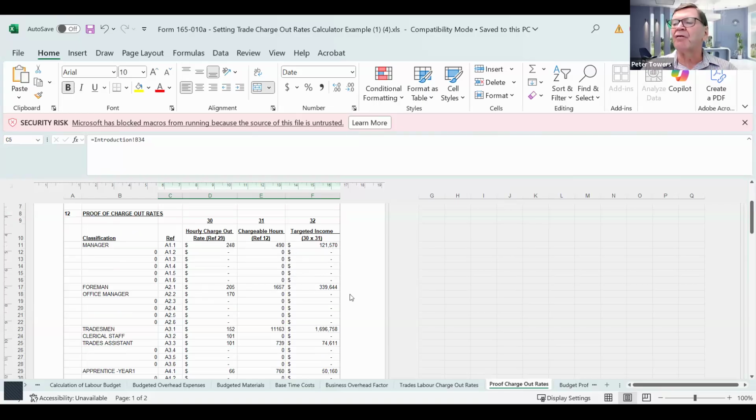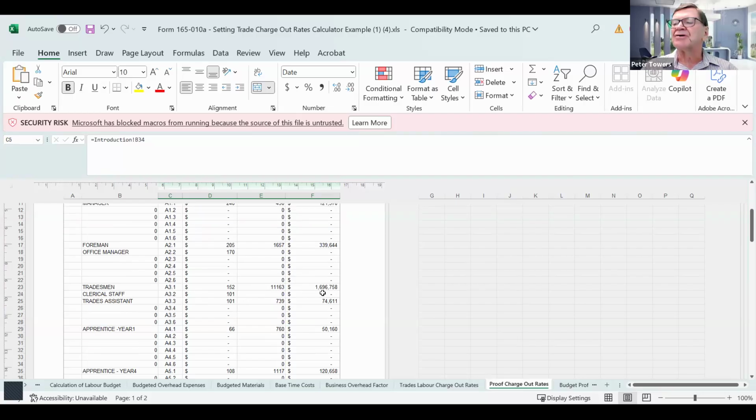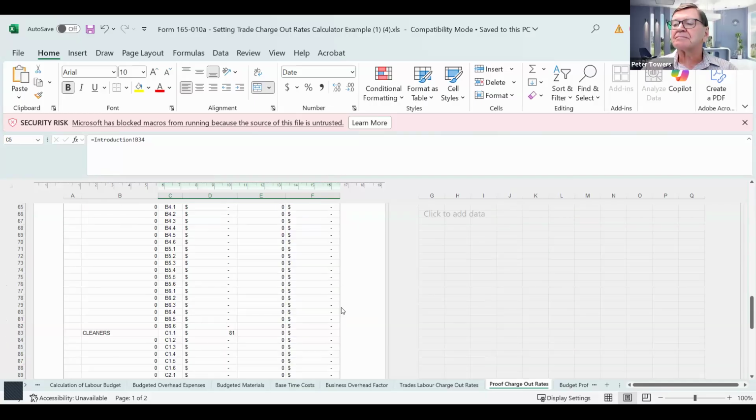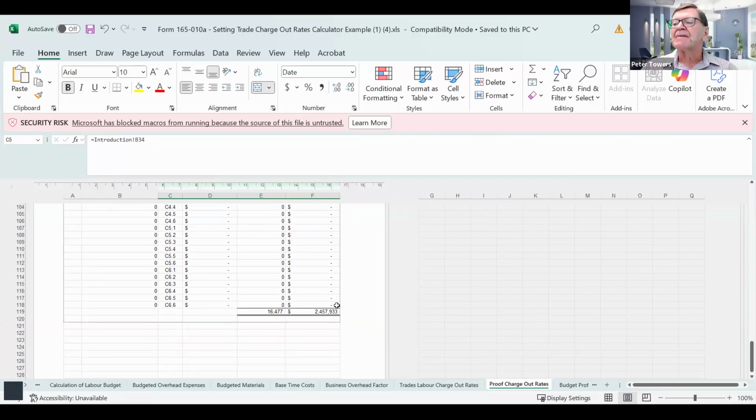And then we have the foreman and then the tradies who are going to produce $1,696,000. Clerical staff produces nothing, trades assistants, and so on. So if we go to the bottom of this row of figures, it's going to give us a total income of $2,457,933, which was the targeted result that we were looking for.